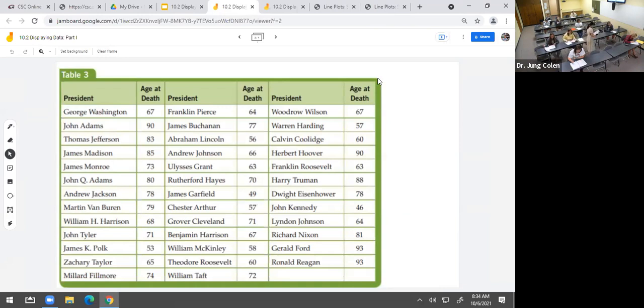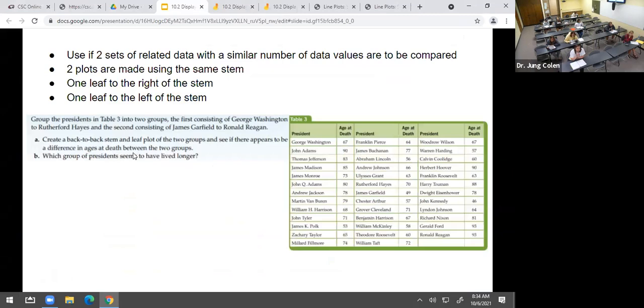We need to make these presidents' ages into 2 groups. So you're going to group the presidents in table 3 into 2 groups.